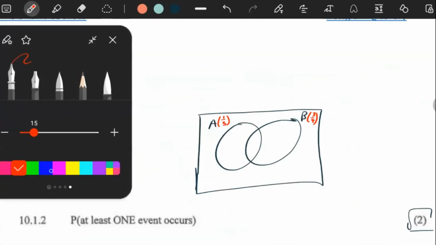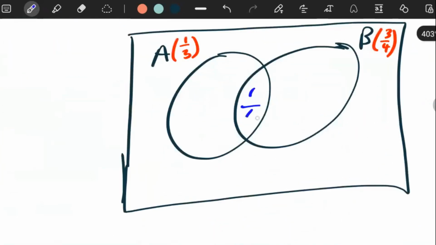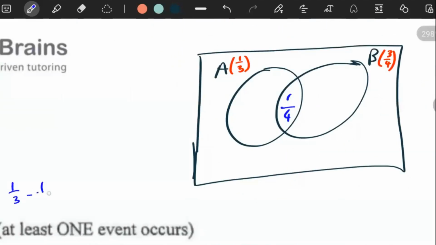What we also know is that the probability of A and B is a quarter, so in the middle here we have a quarter. This side is going to be a third minus a quarter. Let's see what we're getting here. A third minus a quarter is 1/12, sorry.